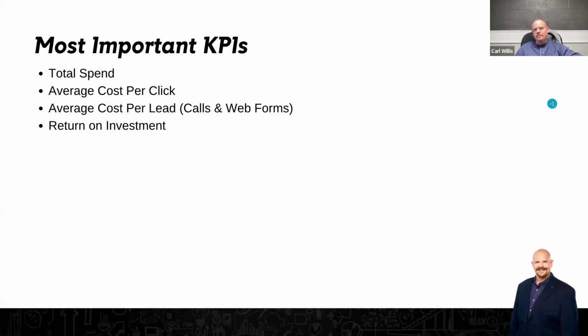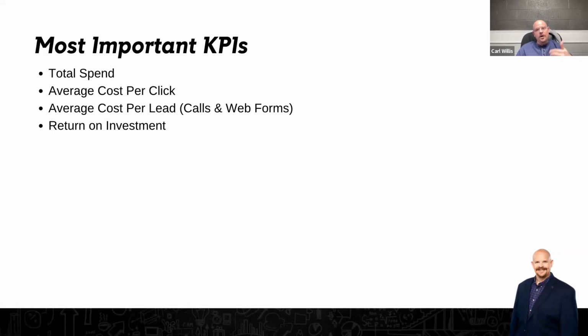So here are your most important key performance indicators: your total spend, your average cost per click, your average cost per lead, calls and web forms, and then your total return on investment. Those really are the four things of greatest importance to you. How much did you spend?